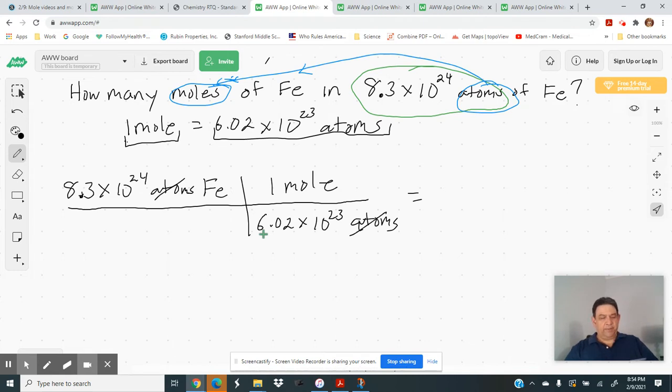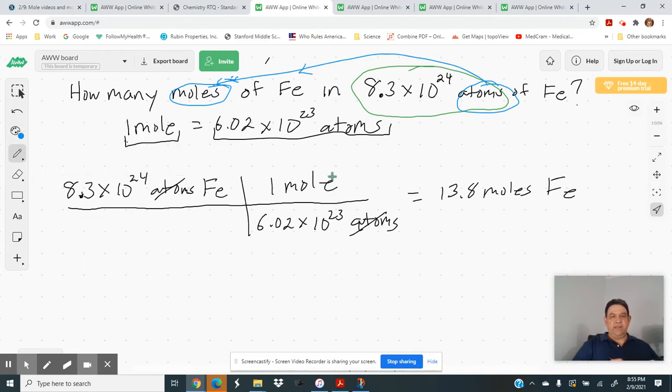That's going to give me 13.8. So basically, we're going to get 13.8 moles of iron.